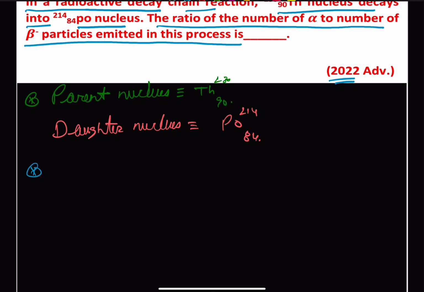So we can say our change in mass number, let us suppose we call that delta A, is equal to 230 minus 214, which comes to 16.